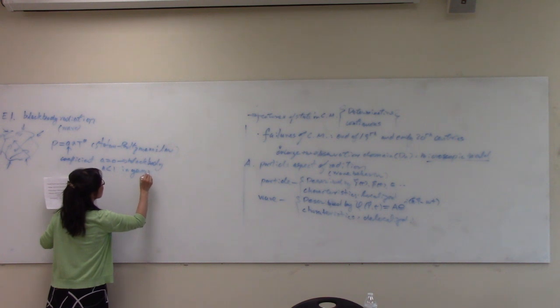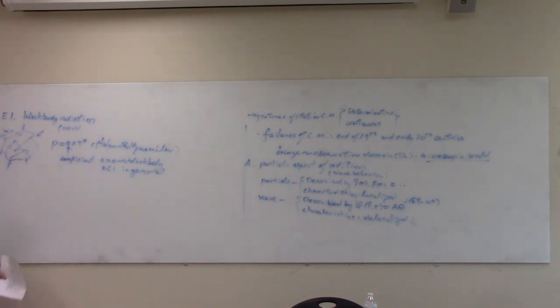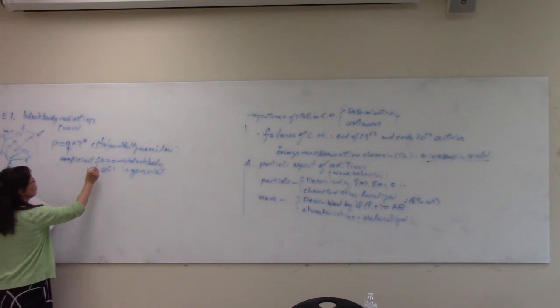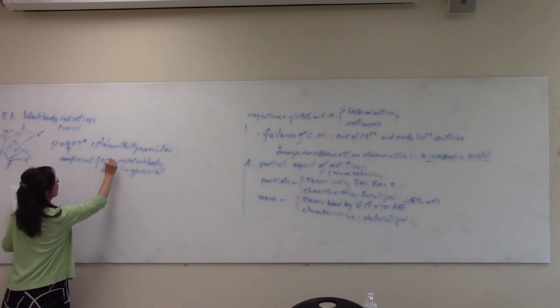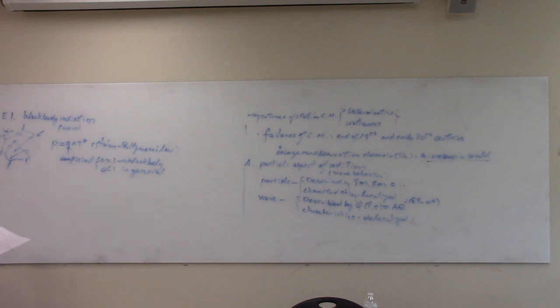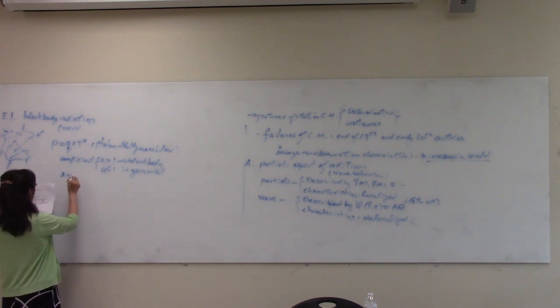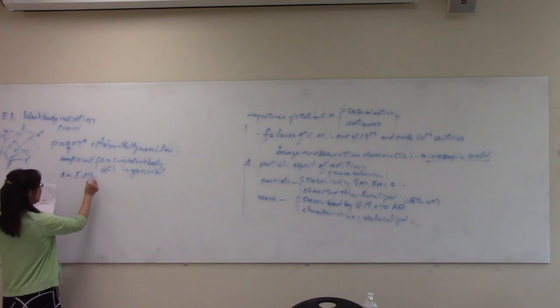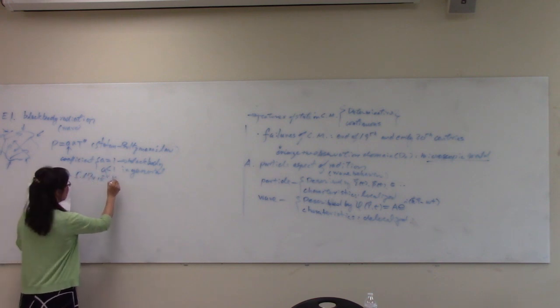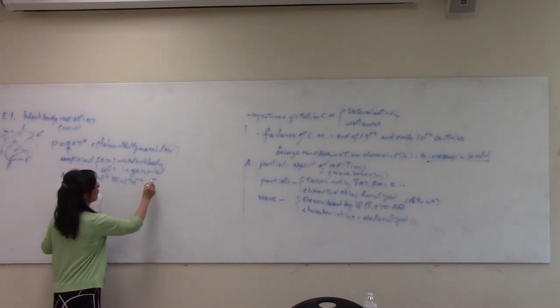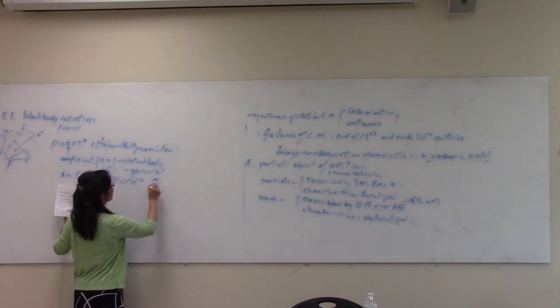That means not 100%. And sigma is a constant, which gives us 5.67 multiplied by 10^-8 watts per meter squared per Kelvin to the fourth. This is the Stefan-Boltzmann constant.